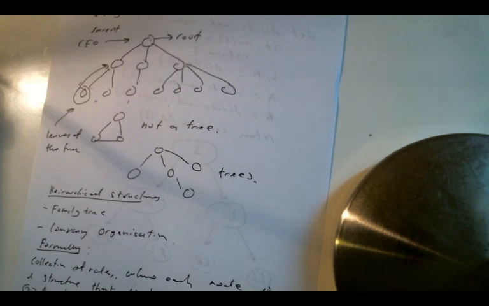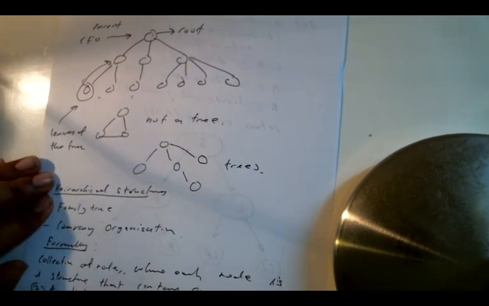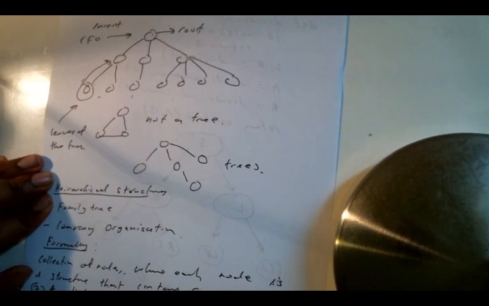Another way of defining a tree is using the directed acyclic graph notation. So one way is, we can also say it's a directed acyclic graph where every node has one parent.